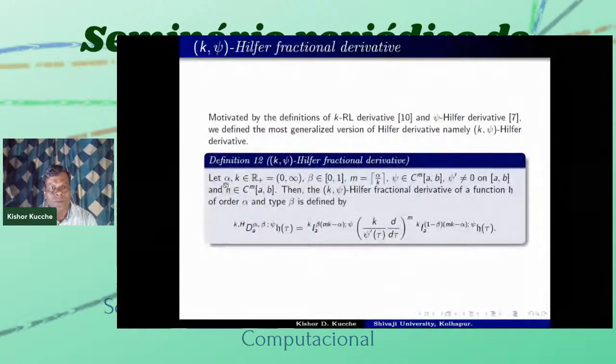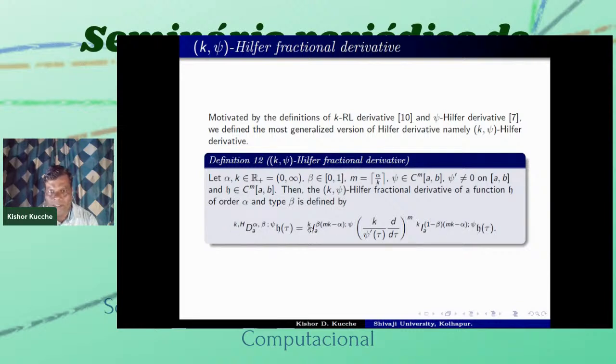So if we consider alpha, k positive real numbers, beta a number between 0 and 1, m the ceiling of the division alpha by k, psi an m-times continuously differentiable function whose derivative is non-vanishing on the closed interval [a,b], and h an m-times continuously differentiable function, then the k-psi Hilfer fractional derivative of this function h of order alpha and type beta is defined in this way.